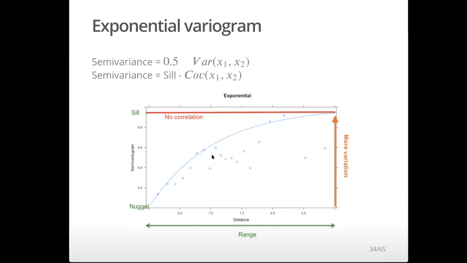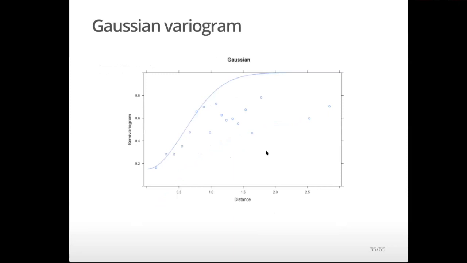So the blue line here represents the assumptions about the exponential fit through those data. We can see it works okay, but it's definitely not asymptoting very quickly. We can also contrast that with the Gaussian.